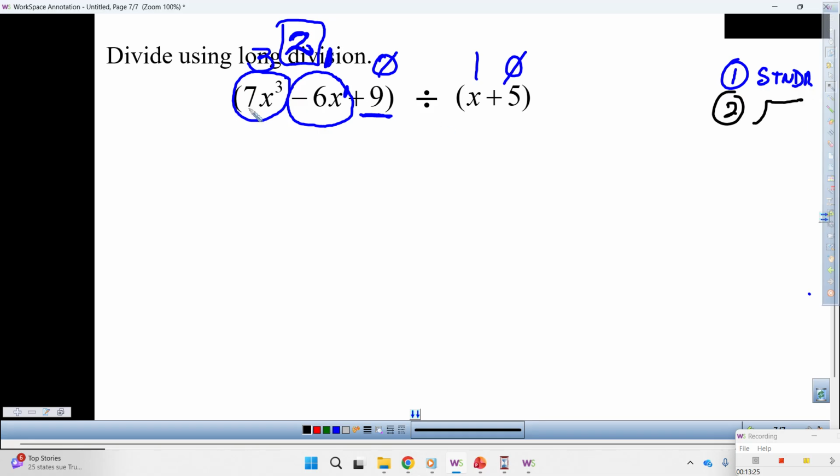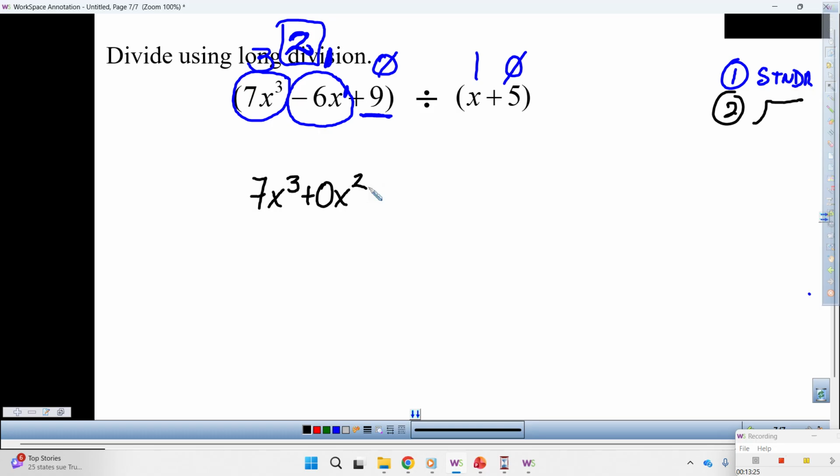So, look up. I'm going to write this polynomial in standard form. So I write 7x cubed. What degree follows? Second degree, but do we have any? No, but we need the space, so we put plus 0x squared to reserve the spot for that.